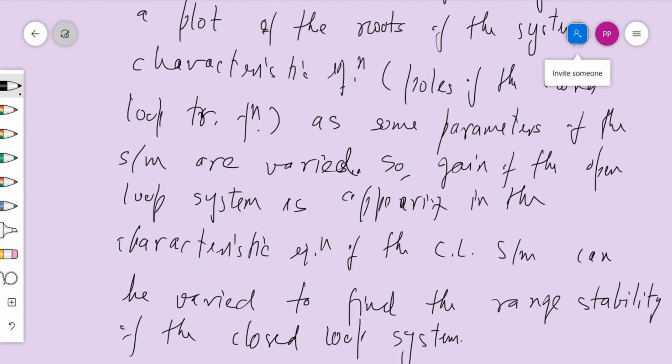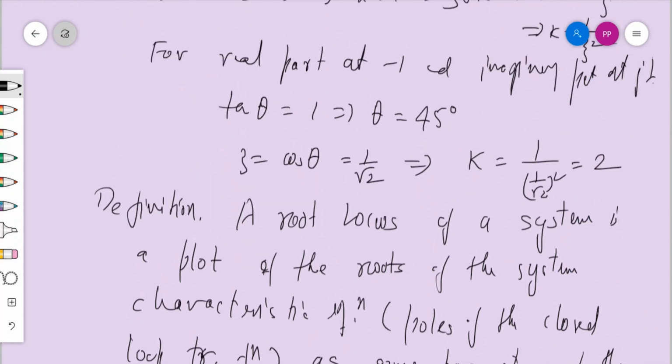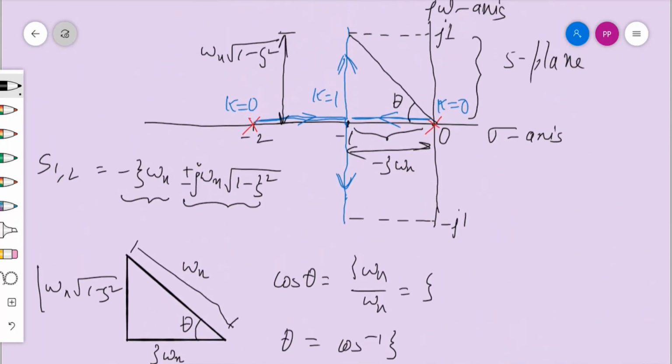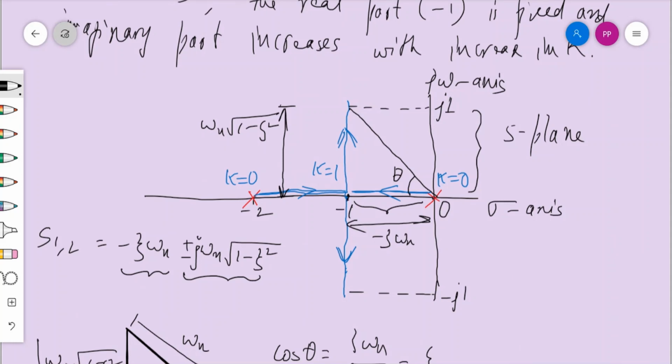So from this plot we can understand that the root locus of a system is basically a locus that is derived starting from the poles and zeros of the open loop system to the entire range of variation of the poles and zeros of the system through a trajectory which will determine the variation of different parameters of the system, and we can find out the range of such parameters for which the closed loop system is stable.